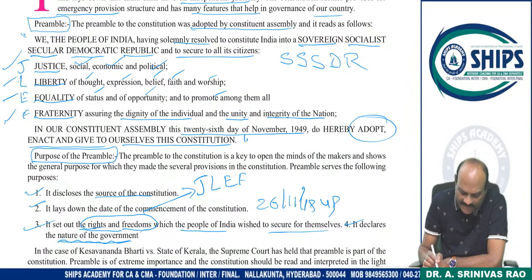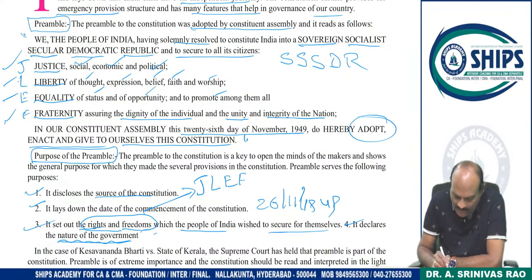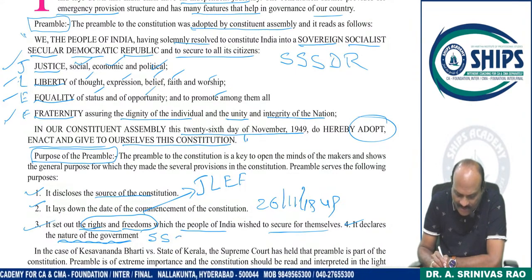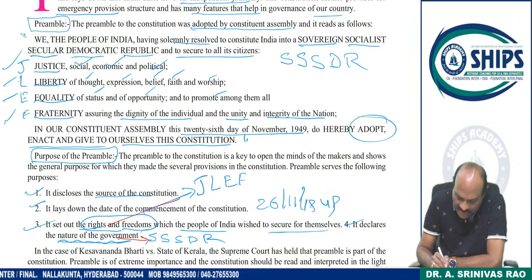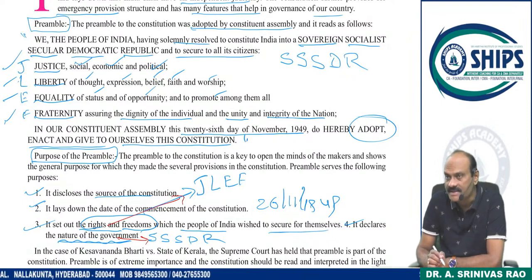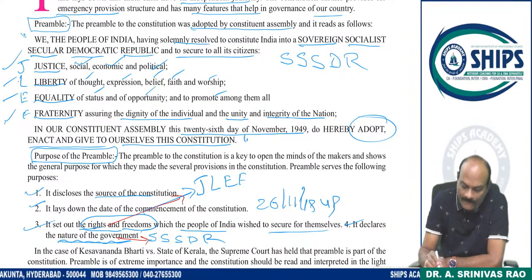What is the nature of the government here? Sovereign, socialistic, secular, democratic and republic. This is the nature of the government. These are the rights and freedoms of the citizens of India.